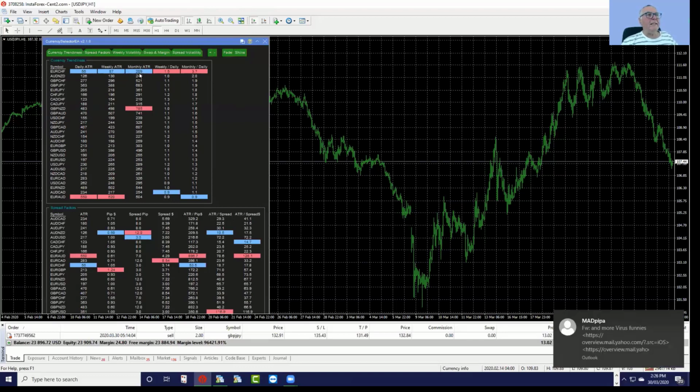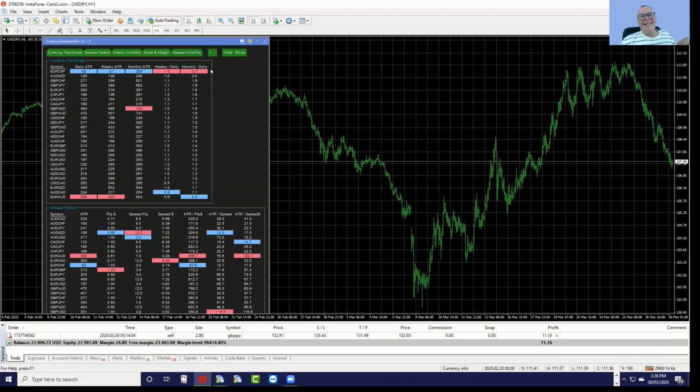And what we then say is, if you take the monthly ATR and you divide it by the daily ATR, you get a trendiness factor, because it says this currency trends 3.7 times. The daily volatility is 3.7 times smaller than the monthly volatility. So in other words, it actually is trending pretty a lot.